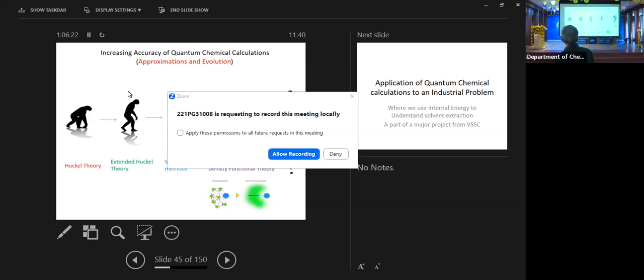But then comes ab initio and density functional, where it takes more time. That means it takes into consideration all the electrons of the carbons and the hydrogens, everything. Remember that Huckel theory took only pi electrons, whereas here the total number of electrons is much more.